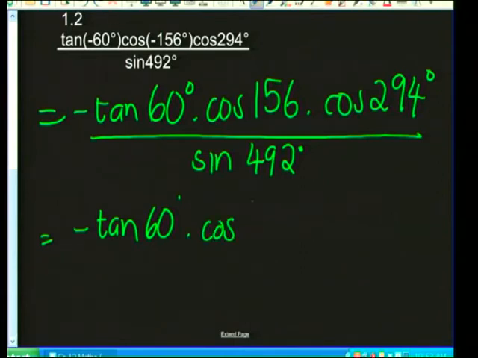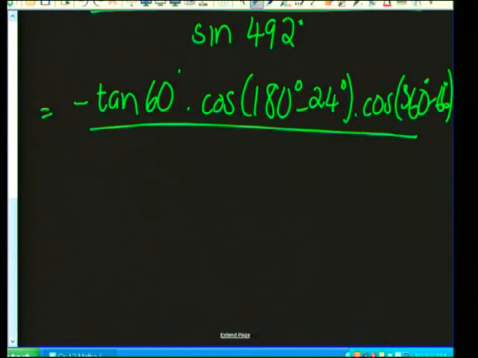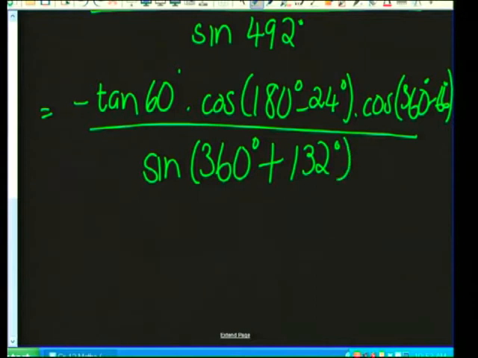This becomes cos of 180 degrees minus 24. This becomes cos of 360 minus 66. That becomes sine of 360 degrees plus 132. So now, we haven't really done anything there, so it remains the same.